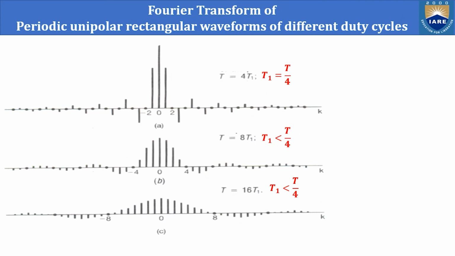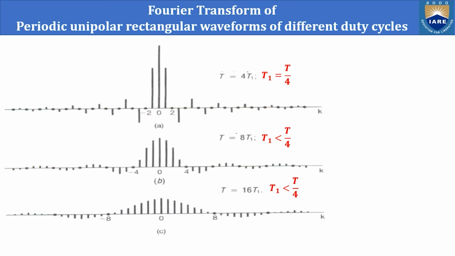So as I discussed with you, we have three types of rectangular waveforms qualitatively. When the on period is less than the off period, we can call that a pulse waveform.